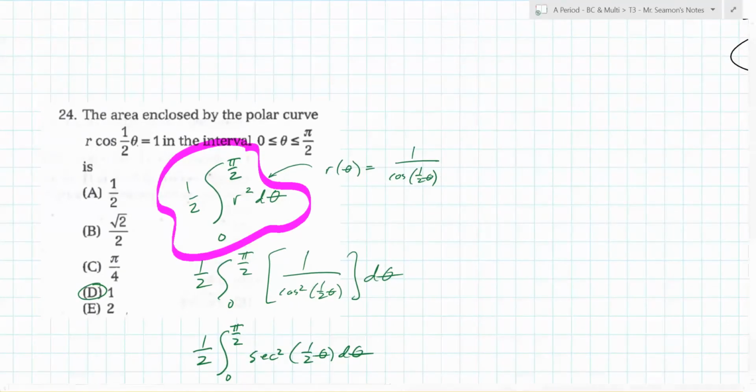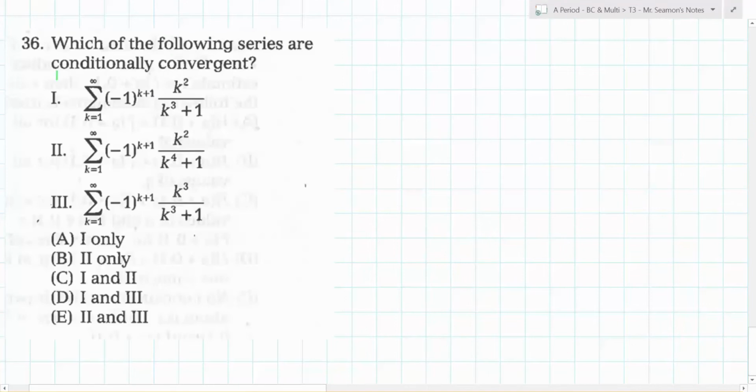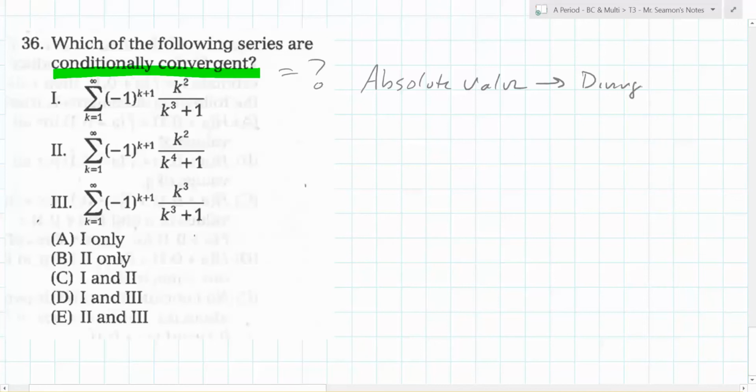But Umi, I really liked what you said. Yes, conditionally convergent. What does that mean? This means that the absolute value diverges, but the series as stated converges.